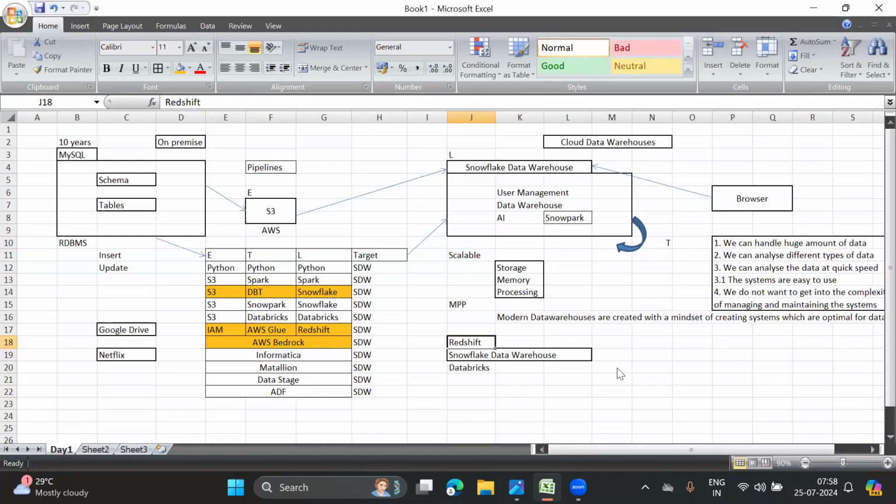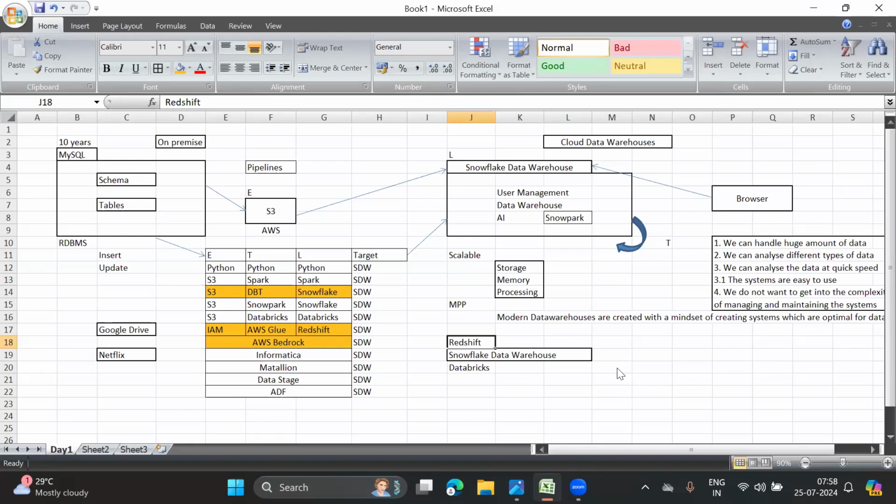It is not just doing good in the pricing, it is also doing good in terms of performance. We have a lot of features in the Snowflake data warehouse which will help you to tune your data and your performance. We have a lot of services which we will talk about. Even if your queries are running slower on Snowflake, we have performance tuning options, different options using which we can make our data store very optimal.